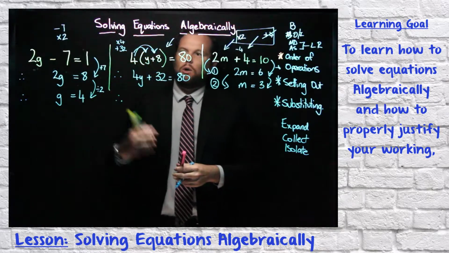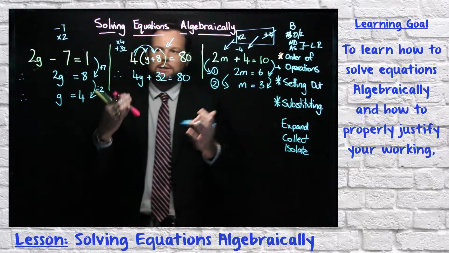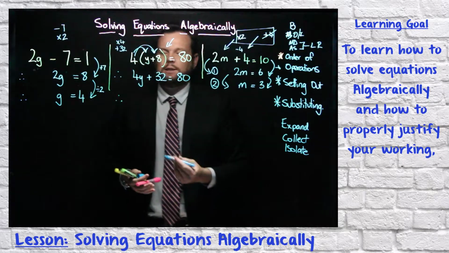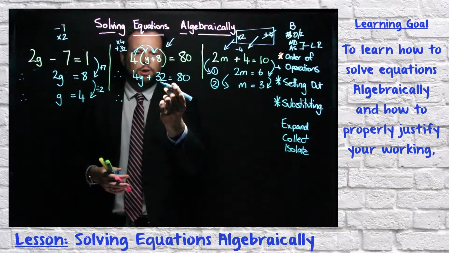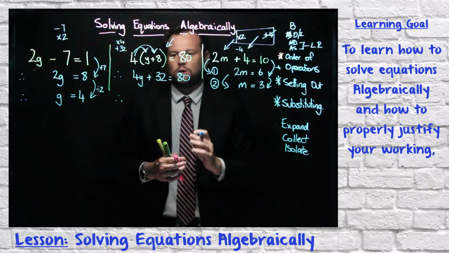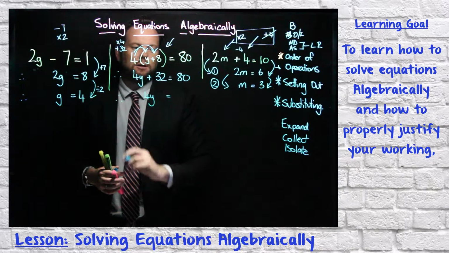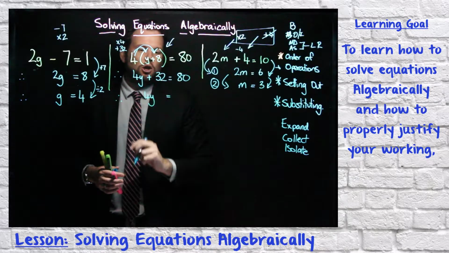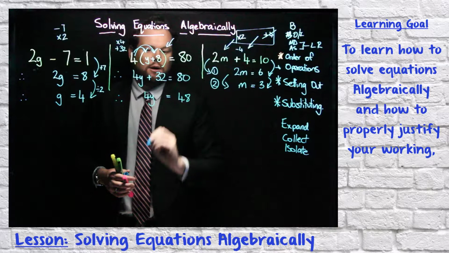So once again, which operation comes first in the order of operations, and we need to work in reverse order, and which one am I going to get rid of first? So obviously I'm going to get rid of the plus 32. So I'm going to take 32 from both sides, okay? So I'm going to take 32 from 80, which is going to leave me with 48, okay?